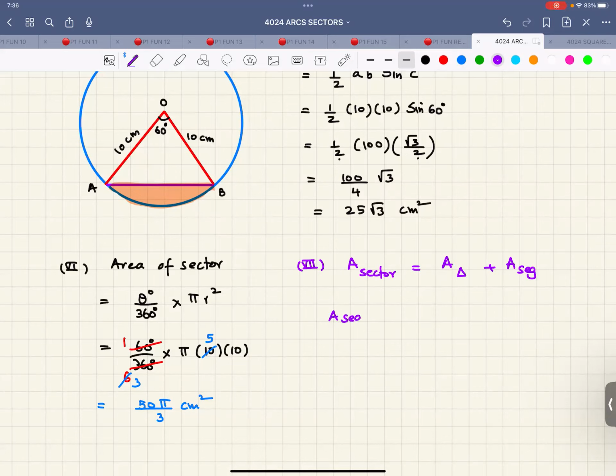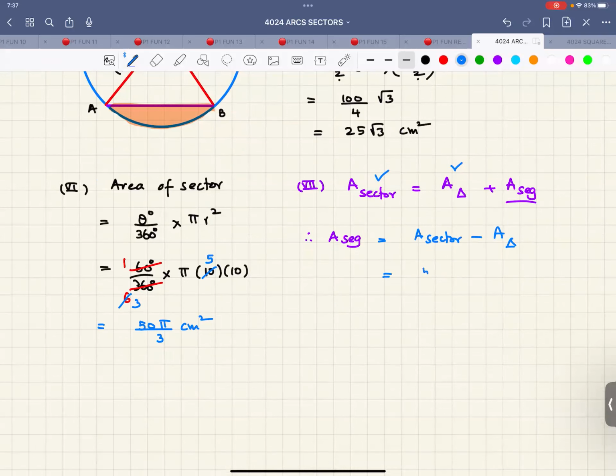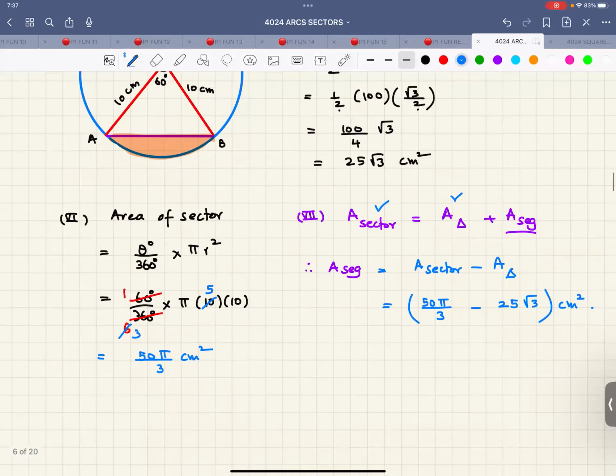Therefore, area of segment, if I make this the subject, is this minus this. That is area of sector minus area of triangle. Area of sector, that is 50 pi by 3, minus area of triangle, 25 root 3. Leave the answer as it is because this is a paper 1 question.